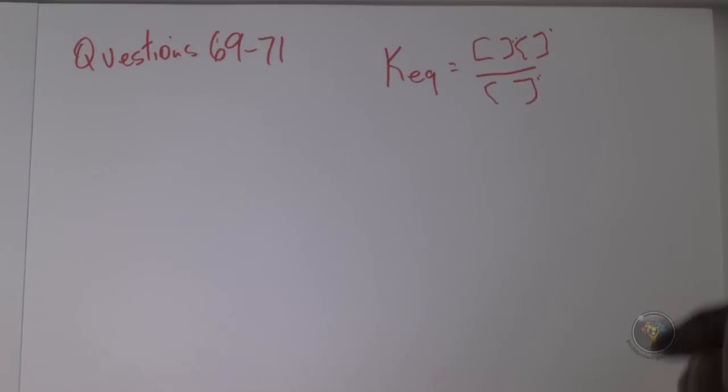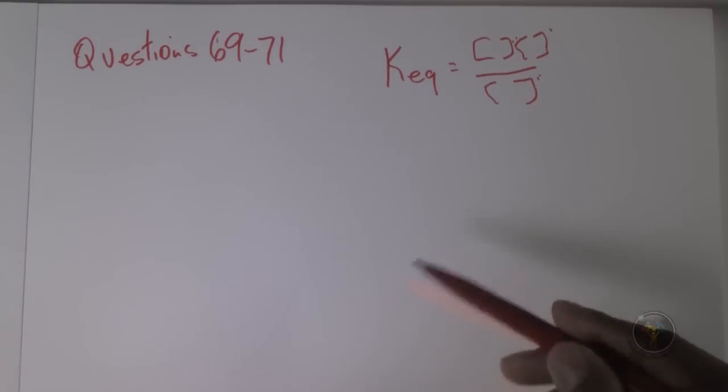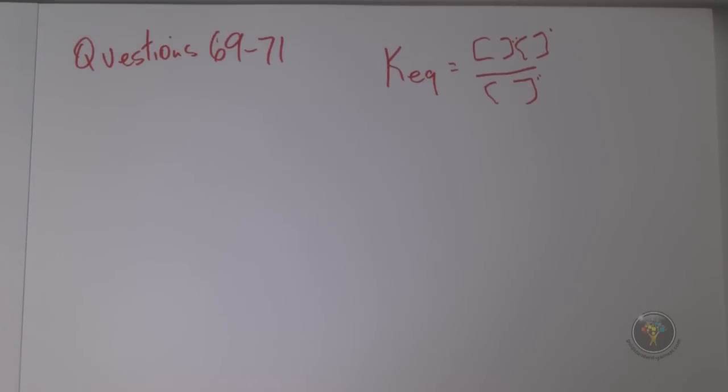Even if you add a catalyst so the reaction happens faster, the KEQ is unchanged because the KEQ will be the same at equilibrium. So the answer for 69 is B. It's equal to its original value.